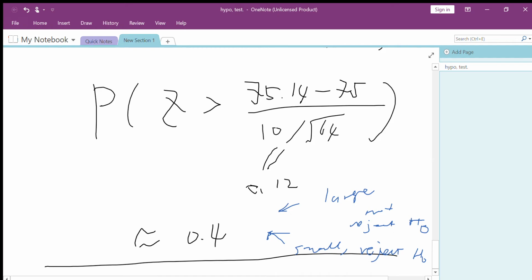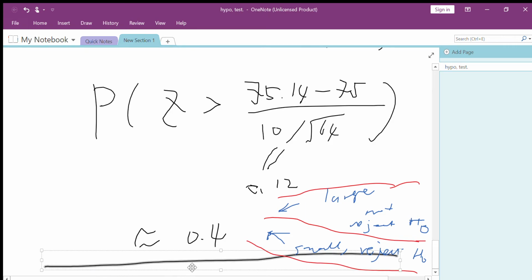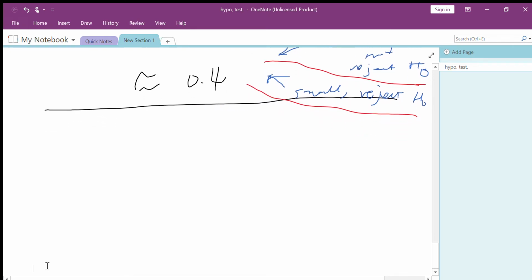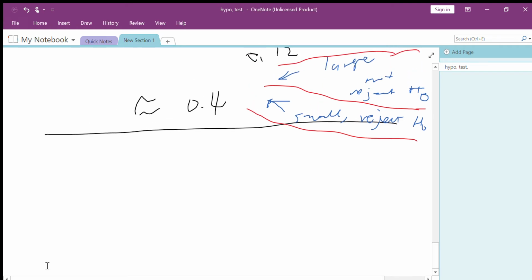Now you may have one question: how large or how small? How can we decide? How can we make a decision accordingly? For example, how about if this probability is 0.1? What should we do? Reject or not reject H0?